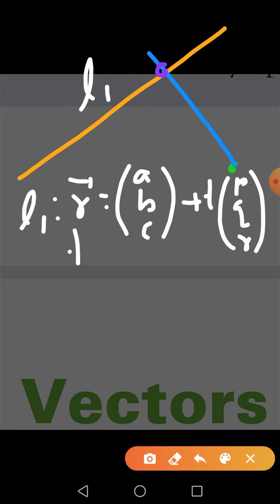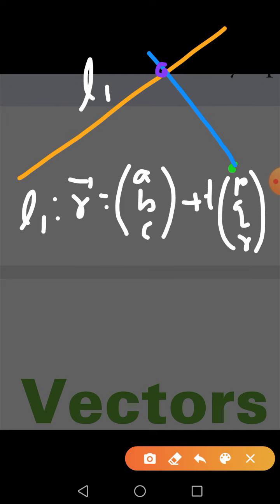So this r is the coordinate point to be found, so we can call it (x, y, z). (a, b, c) is the position vector of a given coordinate point on the line, and this (p, q, r) is the direction vector, or the coordinate of each step on the line.